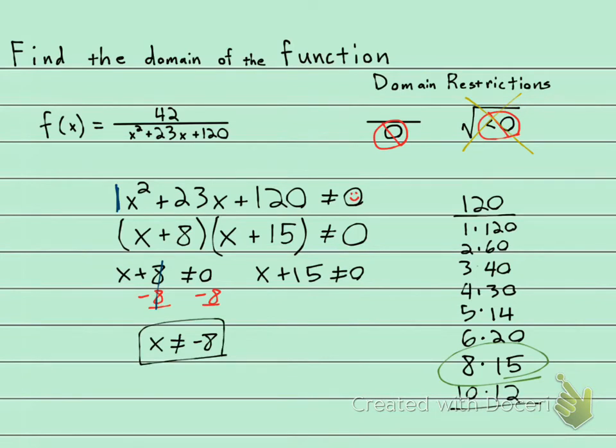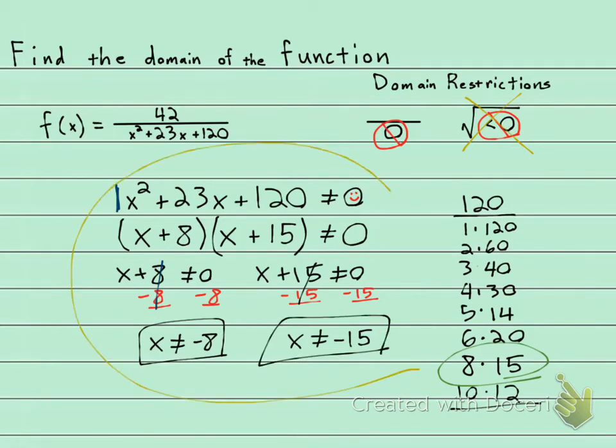Let's do this one. Subtract 15 from both sides to get that x by itself. x cannot be 0 minus 15, which is negative 15. So here's the two restrictions on my domain. If you want to see a better, slower, more thorough explanation of this, look up solving quadratic equations.